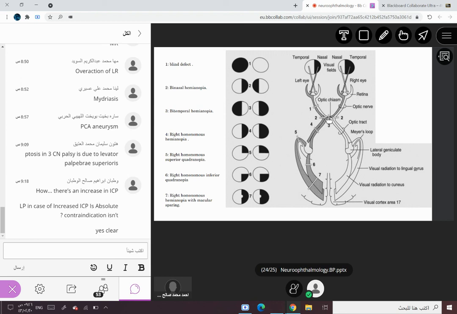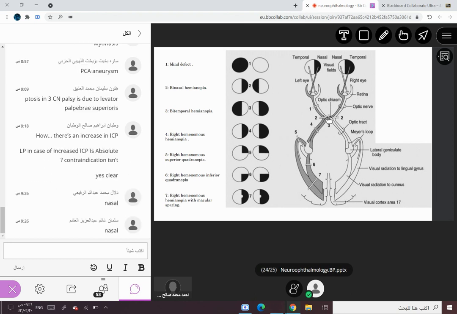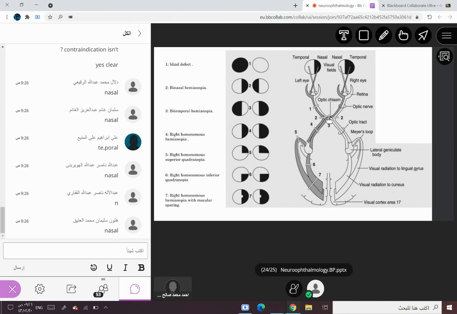In bitemporal hemianopia, which fibers are affected? The nasal fibers. The nasal fibers receive the image from the temporal side, so anything in the temporal side, here and there, will be affected. So the patient will have bitemporal hemianopia.